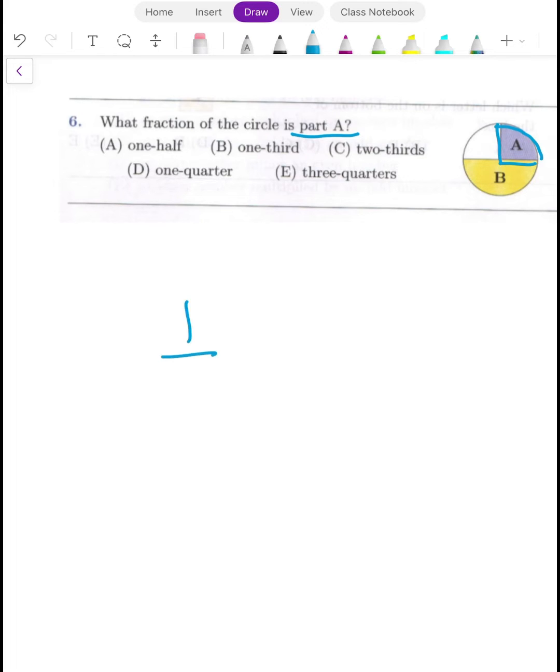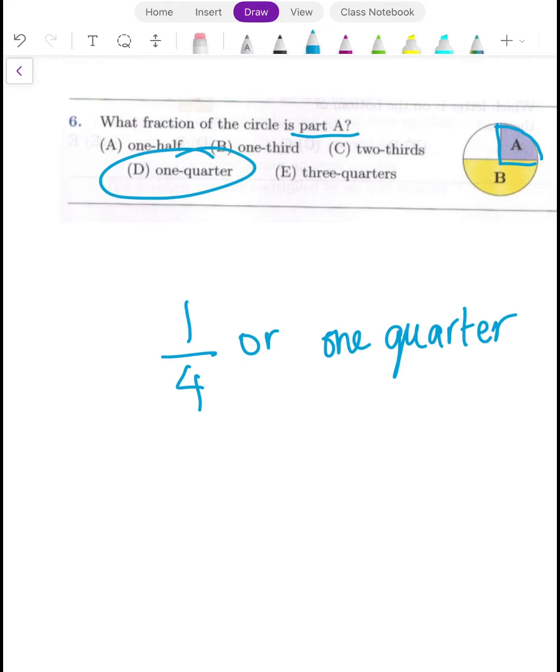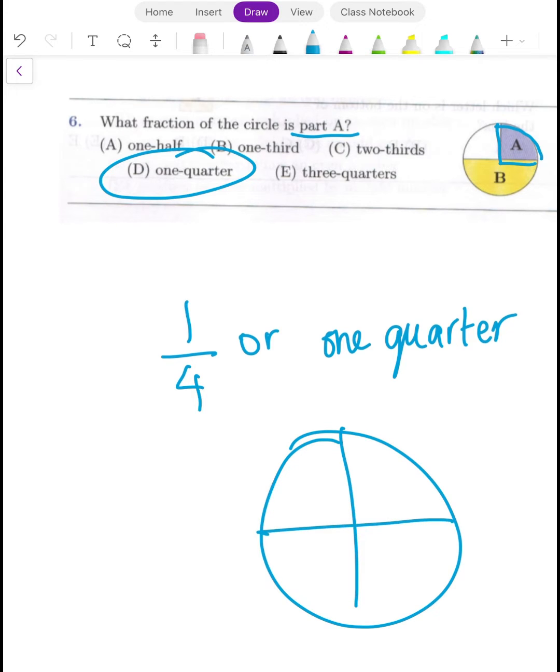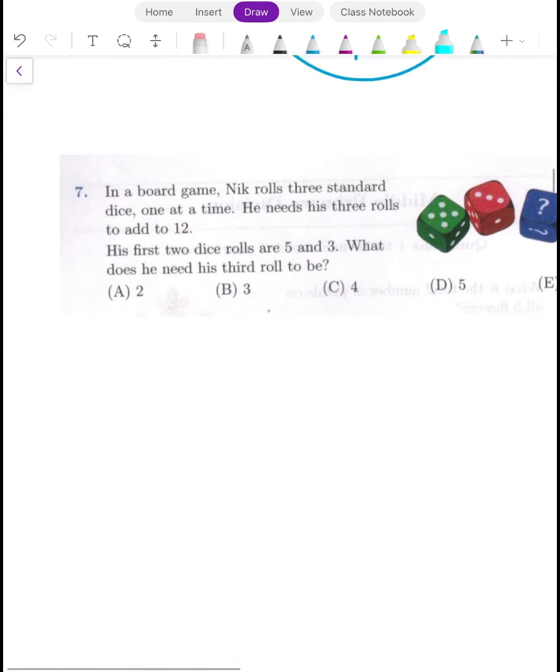We already know this is 1/4. So here is our answer, D. There's a circle that's divided into 4 parts, and this part is 1/4. B is just there to confuse the students.